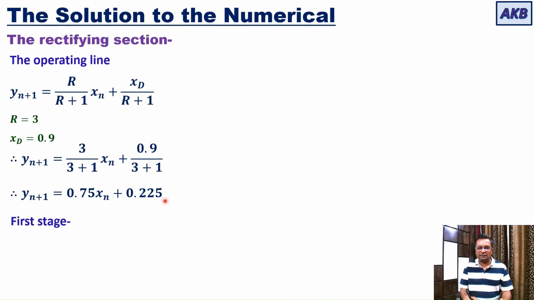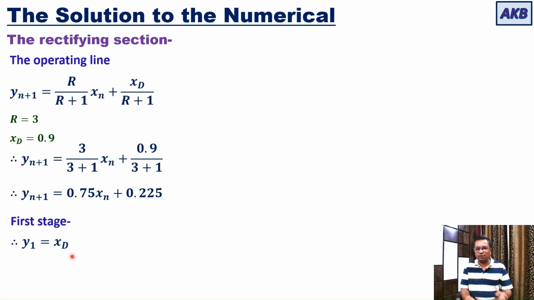So we have got an equation of this form where y(n+1) is a function of xn. Now this equation will be used for doing the calculations for the rectifying section. And we are going to start with the first stage. For the first stage, if you remember, in my previous video I have proved this, y1 is equal to xD.